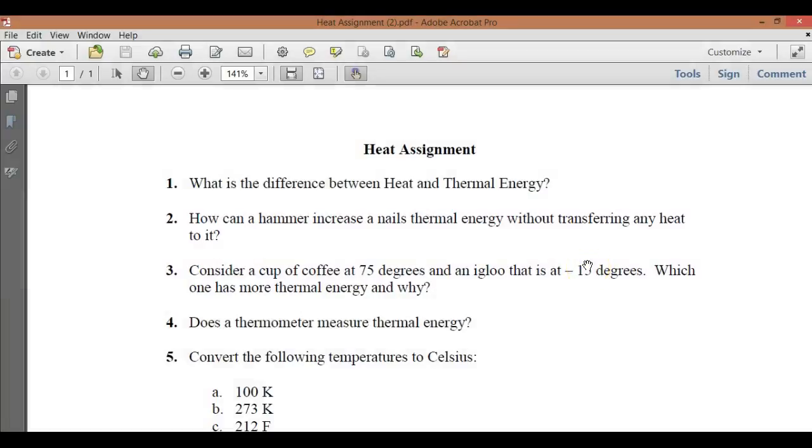Question number 2, how can a hammer increase a nail's thermal energy when there is no transfer of heat? Okay, so what's going on when you hit the nail with the hammer?